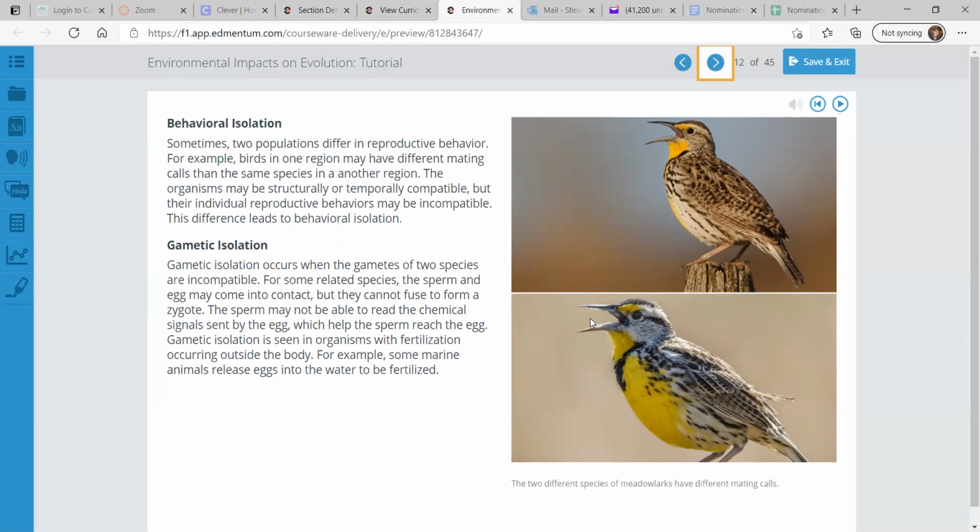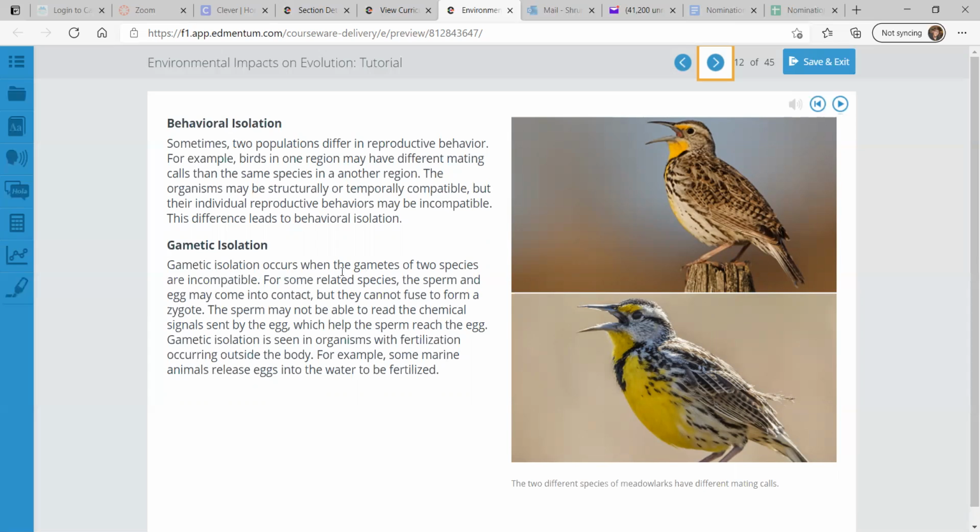And that difference leads to behavioral isolation. So here we have two birds, similar. They're both meadowlarks, but they're from different regions, so they sound different to the ear.